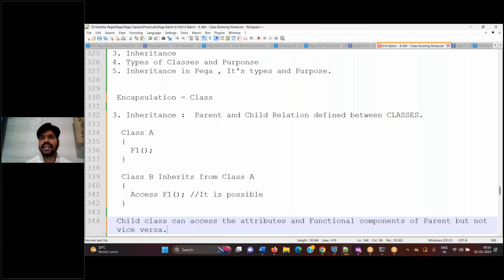Understand clear, everyone? Parent cannot access child functionalities. If you consider the family tree structure, bottom can access top, but top will not be accessible to bottom.